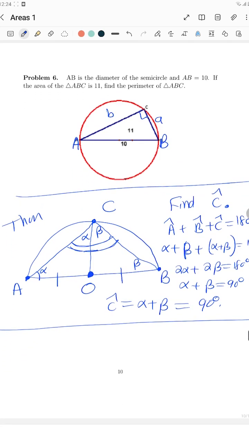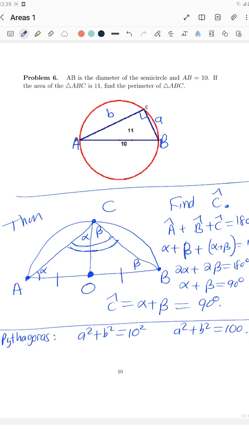Right, so now let's write down what we know. Using Pythagoras, I know that a squared plus b squared is equal to the hypotenuse, which is 10 squared, which is the diameter. So I know that a squared plus b squared is equal to 100. Good.